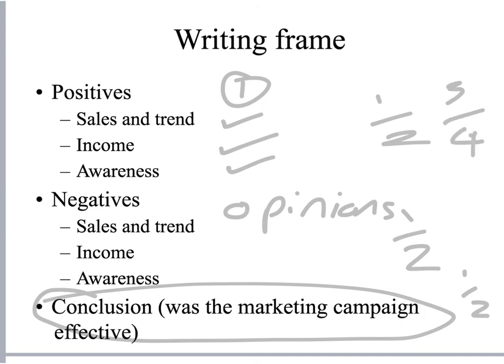Maybe 3/4 of a page, and then your conclusion a little bit longer. It's up to you though, it's your writing style. But ultimately, if you give me a page and a half which covers the positives of a marketing campaign in terms of sales, income and awareness, the same for negatives, and then make a judgment, a conclusion on whether you think it was a success, then I'm happy.